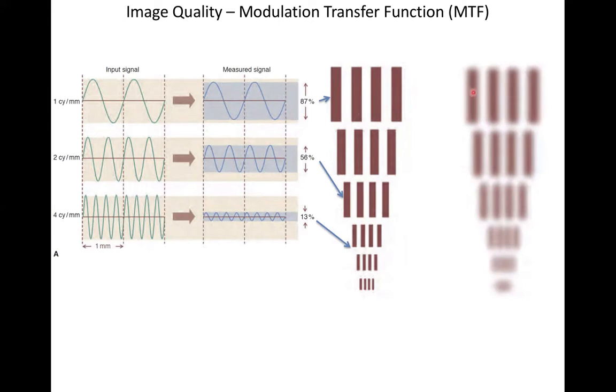So if I measure the contrast between this dark trough and this bright peak, I'll get 87% of what I had originally between the dark trough and the bright peak. And then as the frequency increases, we push this through our imaging system and this comes out, right? And we can see that our imaging system has reduced or attenuated this frequency by a greater amount. I'm now at 56% of my original amplitude when I measure the contrast between a bright and dark. So my bright peak, my dark trough, bright peak, dark trough.